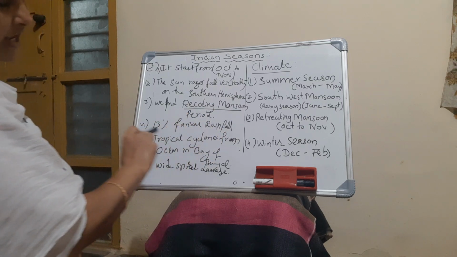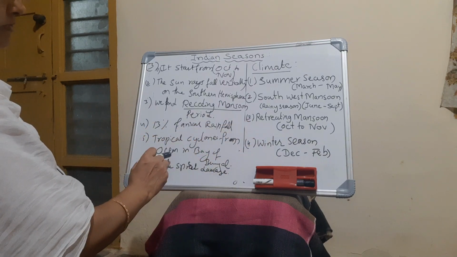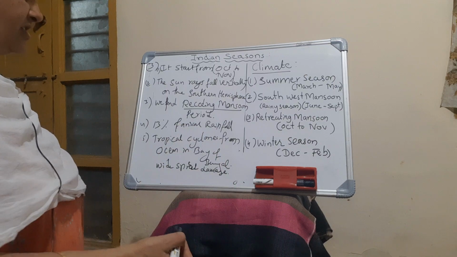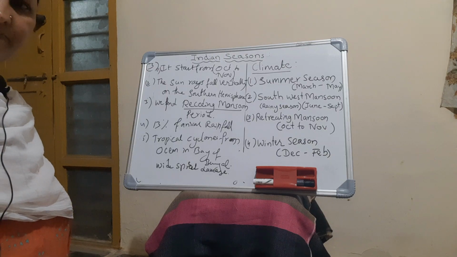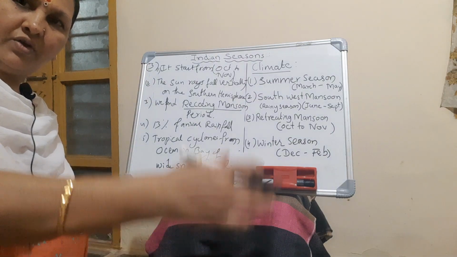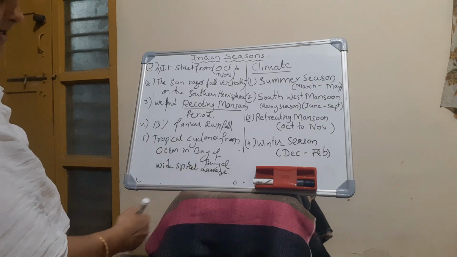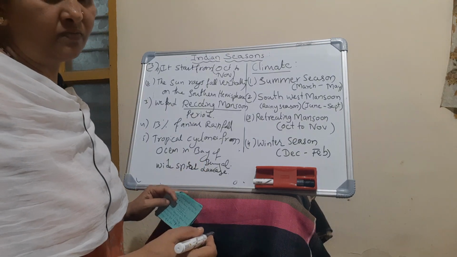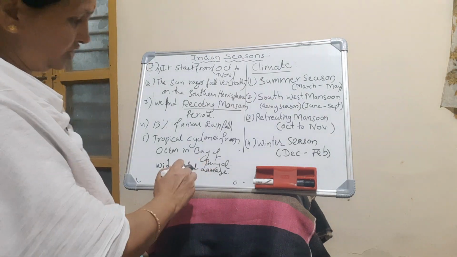Then 13% of annual rainfall we find in the retreating monsoon season. Then tropical cyclones from the ocean in the Bay of Bengal make widespread damage due to heavy rain. If rain comes, it starts flowing everywhere. Even coastal areas, some of the water comes inside during this time.